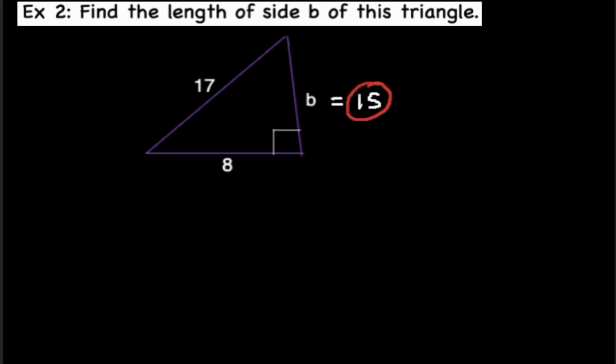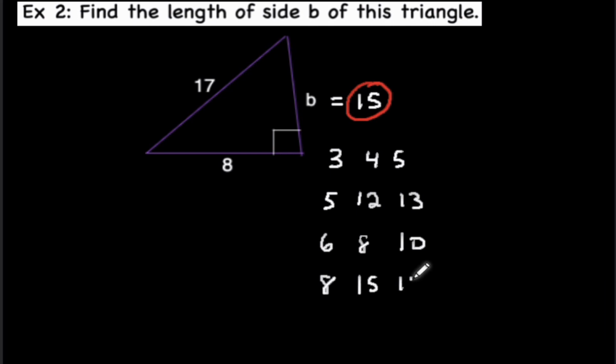But anyway, some common Pythagorean triples you may want to commit to memory are 3, 4, 5, as well as 5, 12, 13, 6, 8, 10, 8, 15, 17, and 9, 12, 15.